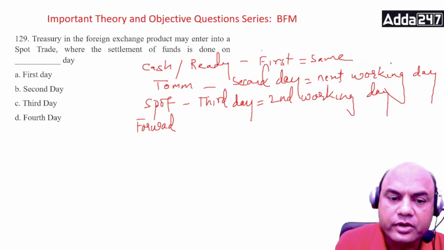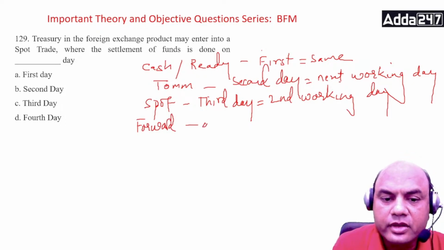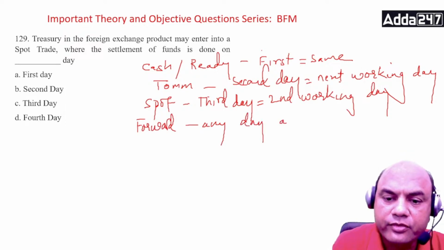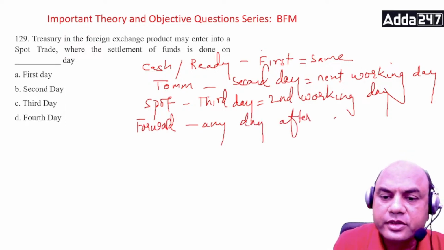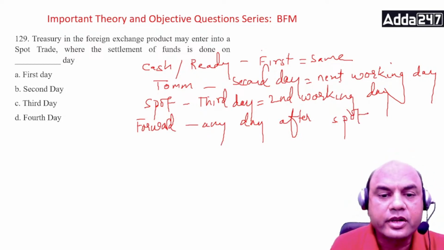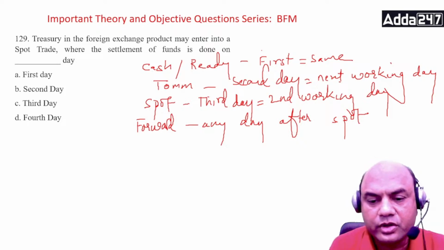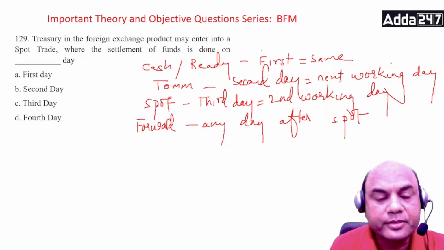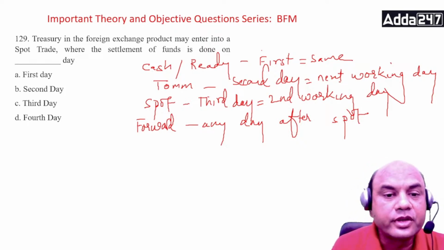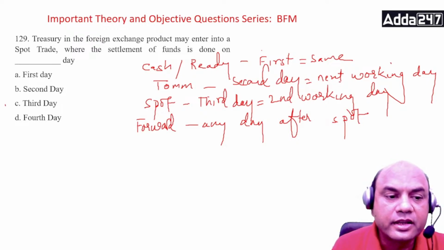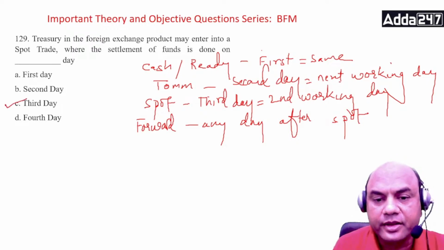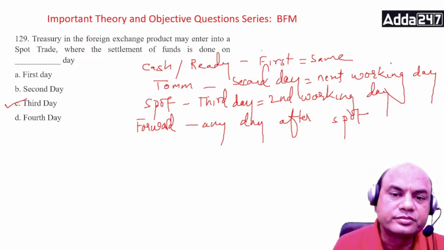Any day after spot. Got it? So any day after spot is forward. Got it, everyone? So this is the basic classification. So what is the answer then? It is third day, right? Spot is third day. Got it?